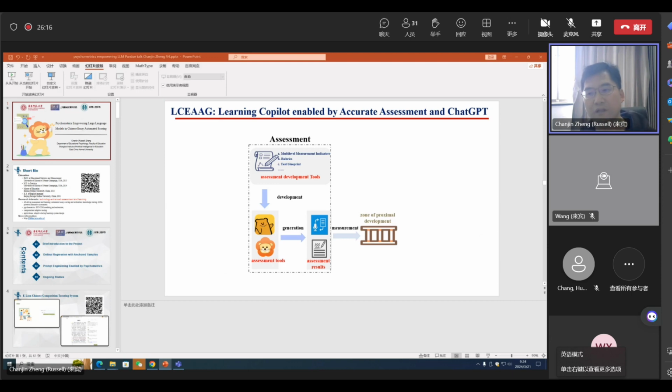The traditional wisdom from assessment, particularly in intelligent tutoring systems, is that with assessment we get the zone of proximal development, which can help make individual recommendations for learning.